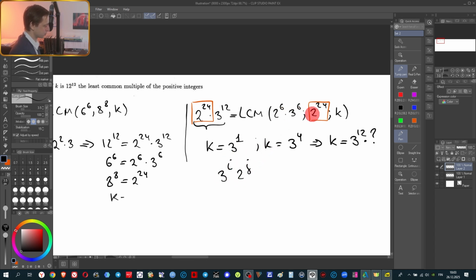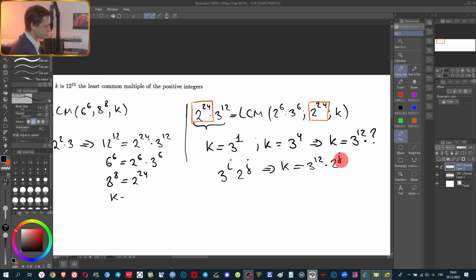It's a necessary representation for each of the numbers on the right side. If that's not how the number k looks, there will be no divisibility. So therefore, our conclusion is that k should look like 3 to the power of 12 times 2 to the power of j.